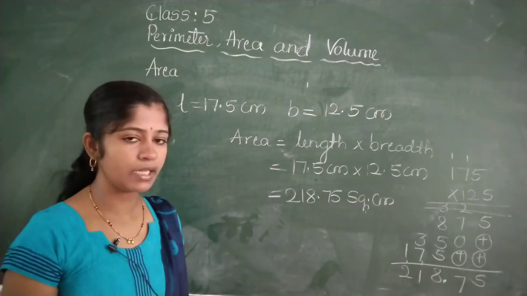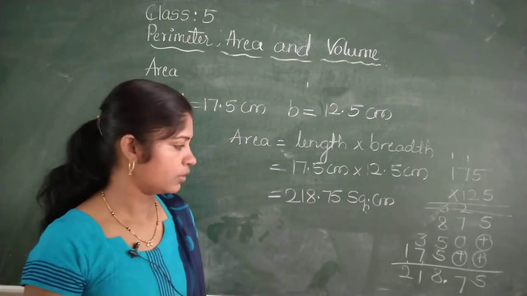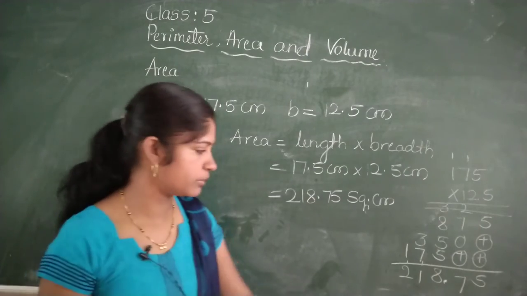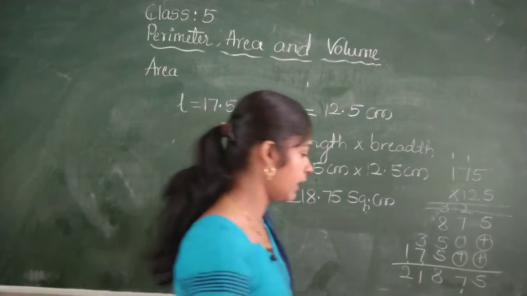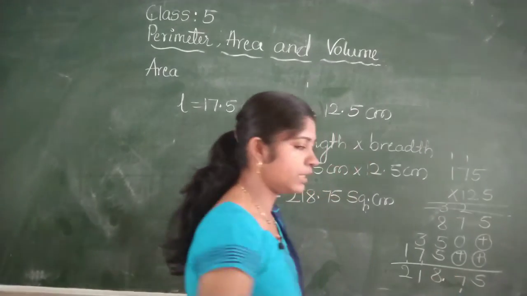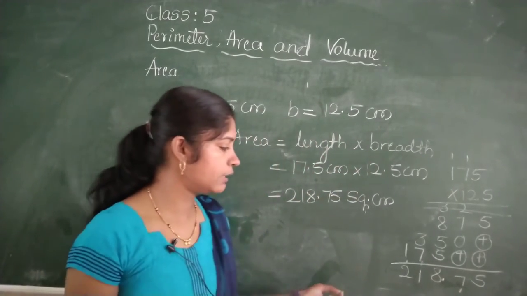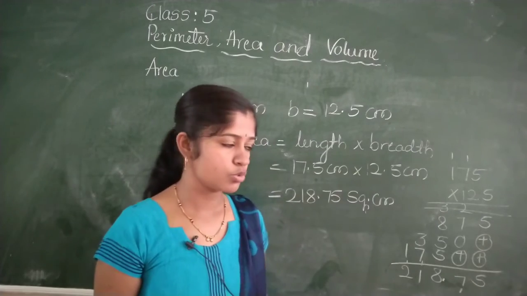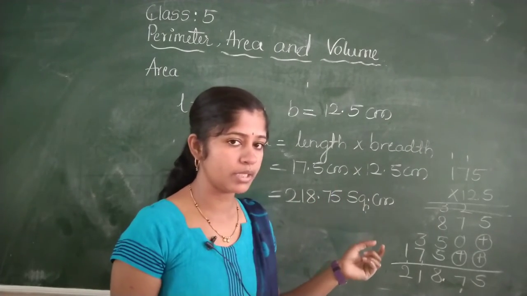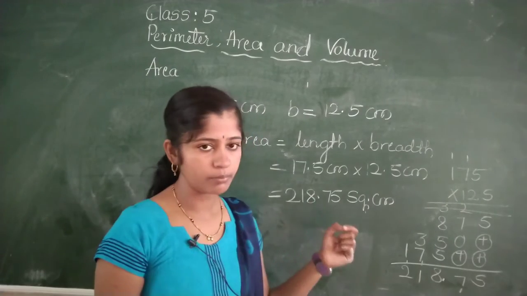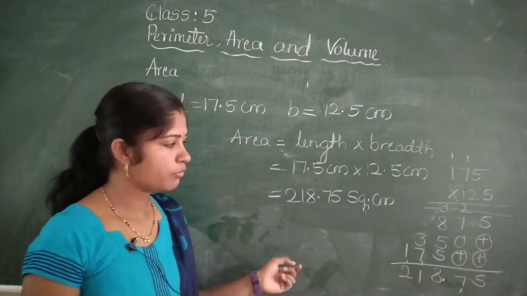Centimeter into centimeter, centimeter square. See, there is a lot of difference between 21,875 and 218.75 after giving a point. So while multiplying decimal numbers, be careful while giving the points. Don't forget to give the points.